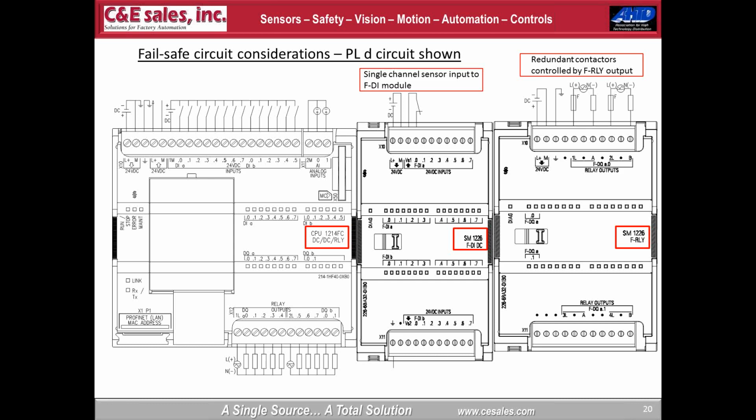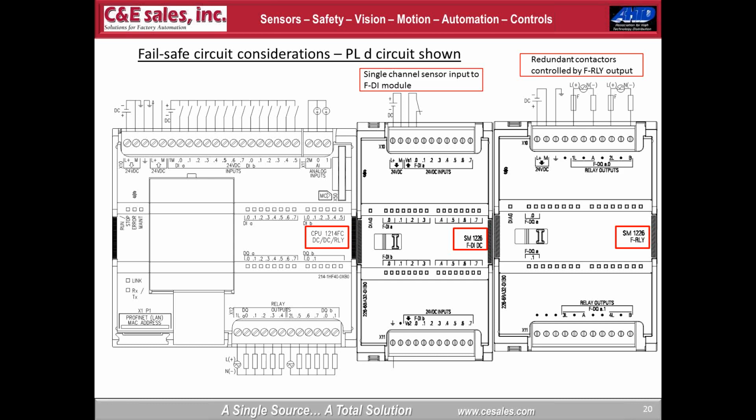The point I'm trying to make is that the input module shows a single channel Failsafe input internally connected to the input. That single connection and the operation of the terminals on the input module allow that channel to be monitored consistently. And this arrangement, just doing the math from the performance level requirements, can qualify as a PLD circuit.